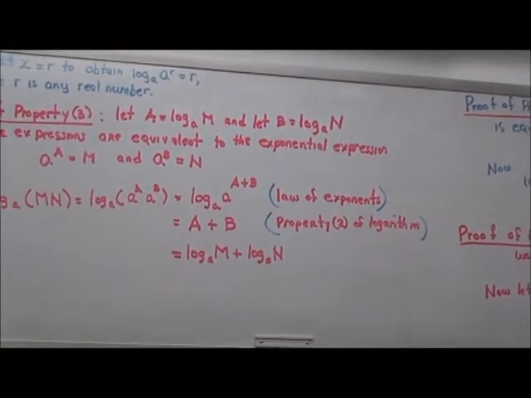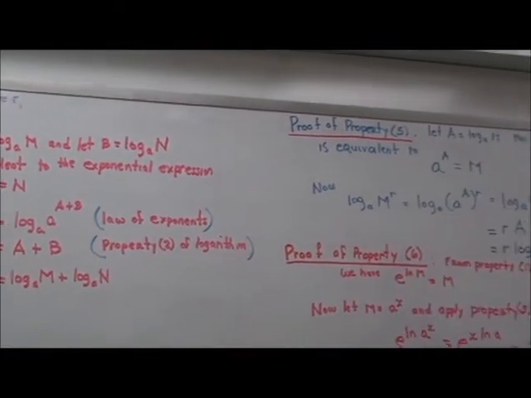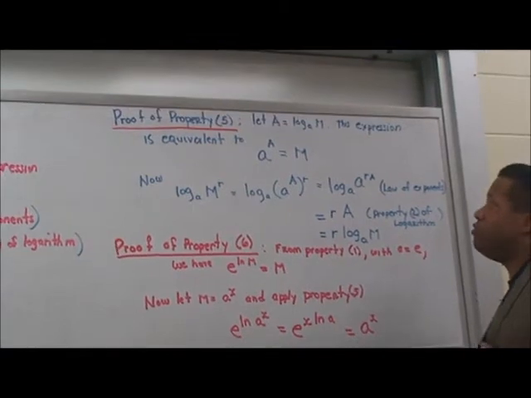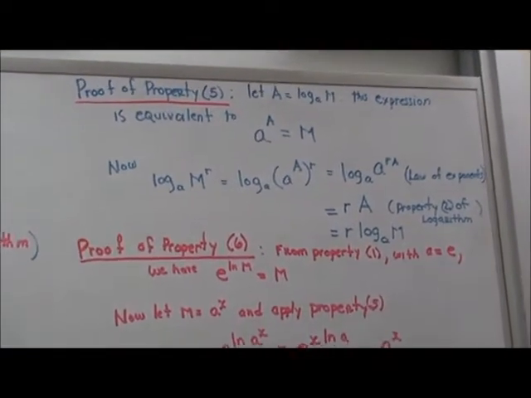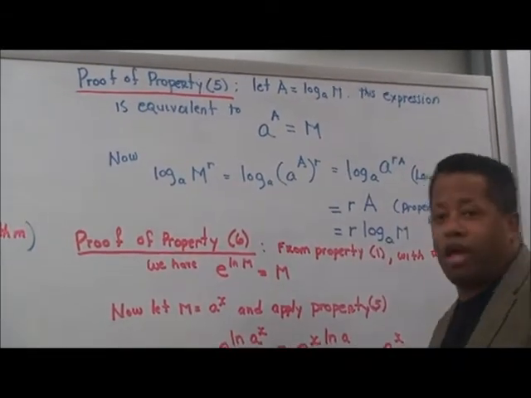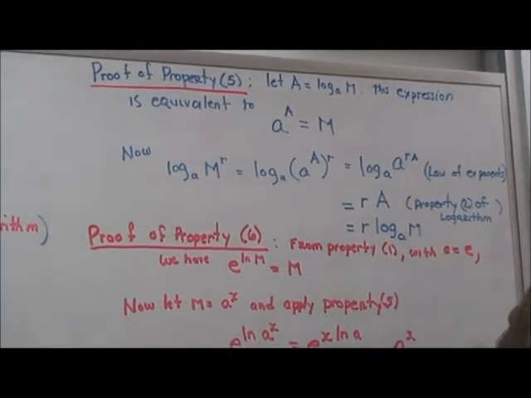So let's look at the proof for property 5. Let a equal the logarithm base a of m, and this expression is equivalent to a to the a is equal to m.